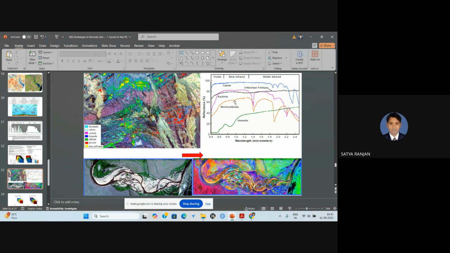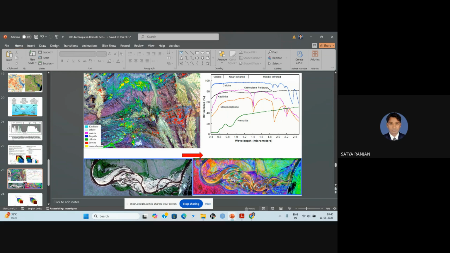Basically it is used for vegetation indices, vegetation species mapping, forest species mapping, or mineral identification, because it has a lot of bands and the bandwidths are very narrow. Each narrow band can detect different features and different characteristics of the metal. That's why it is very helpful for identification of different categories of minerals or different species in the forest area.